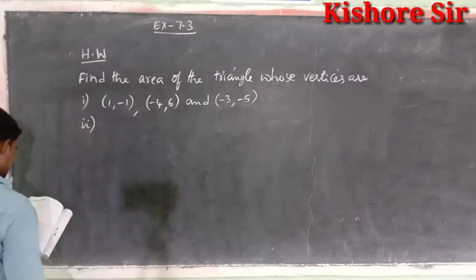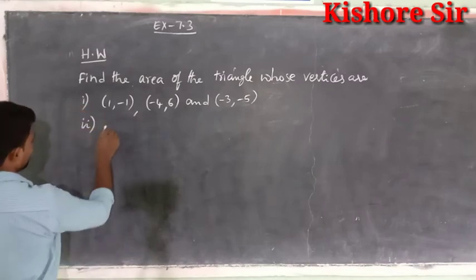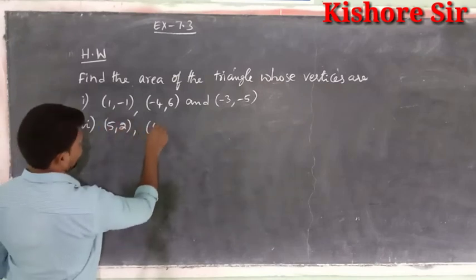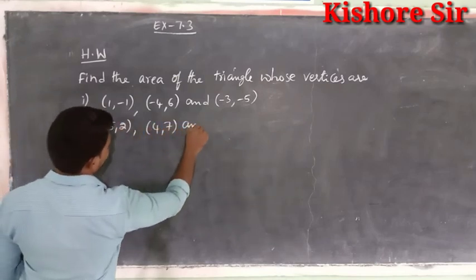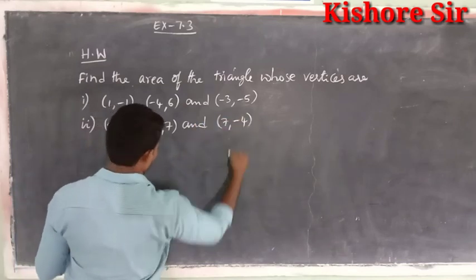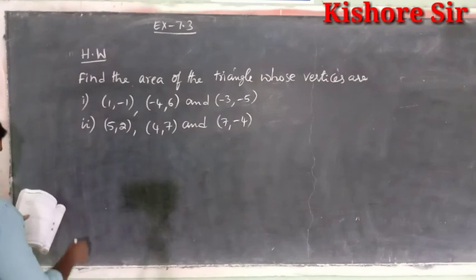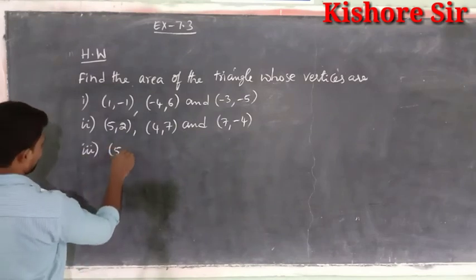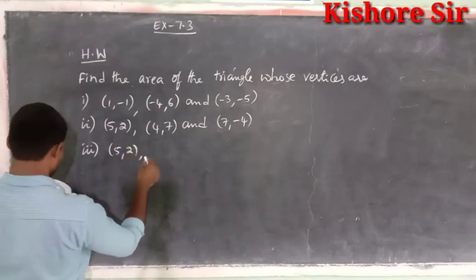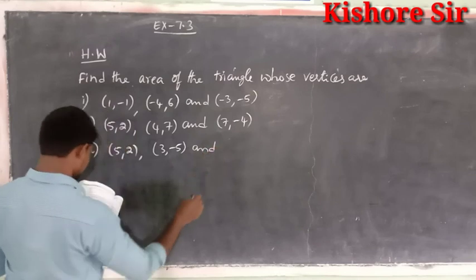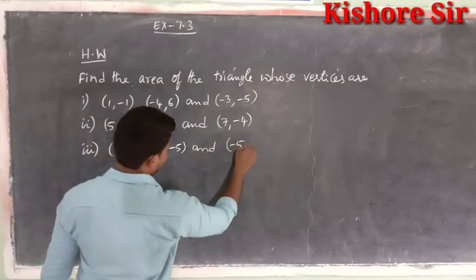Second problem: 5 comma 2, 4 comma 7, and 7 comma minus 4. Third problem: 5 comma 2, 3 comma minus 5, and minus 5 comma minus 1.